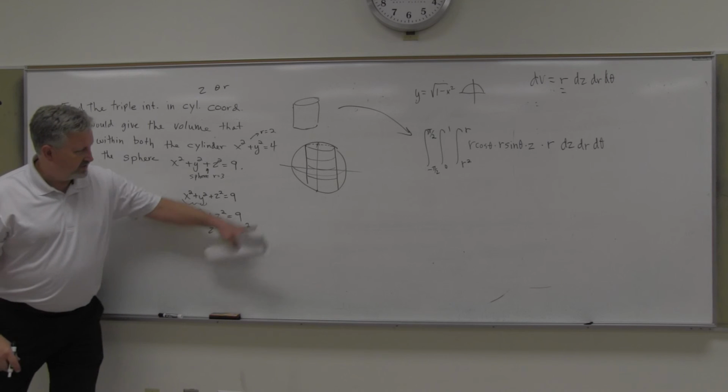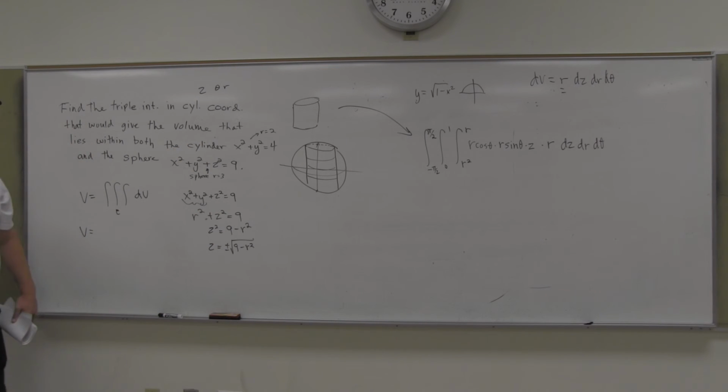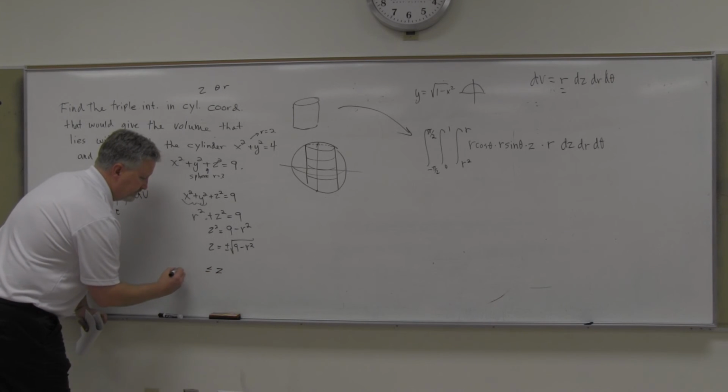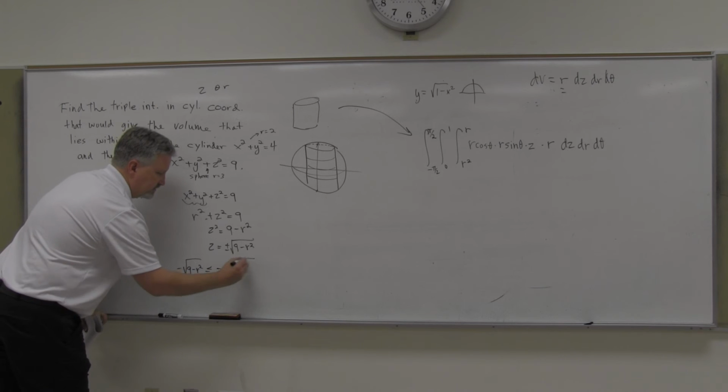The bottom half will be the minus, and the top half will be the positive square root right there. So z is going to range from negative the square root of 9 minus r squared to positive the square root of 9 minus r squared.